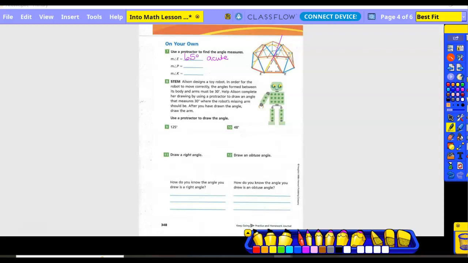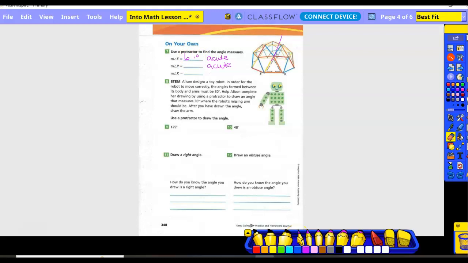Okay, letter P. What type of angle is letter P? It is an acute as well, right? So go ahead and use your protractor and figure that out. Okay, so we put 65 back up here, but is that going to work, guys?